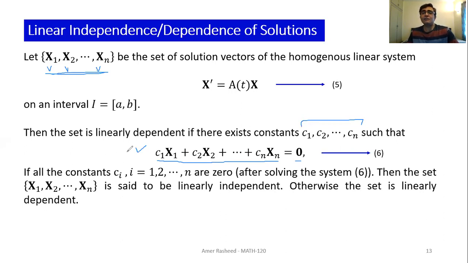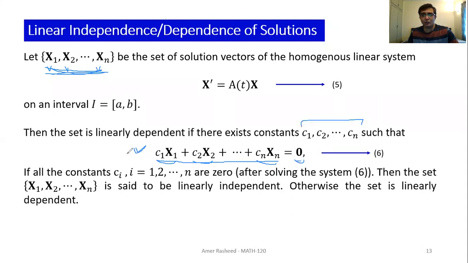We have discussed linearly independent solutions in the previous lectures. I hope you know this. In order to check whether all these solutions are linearly independent or not, we write such an expression, C1 x1 + C2 x2 + ... + Cn xn, and put it equal to the zero vector. This is a homogeneous linear system.